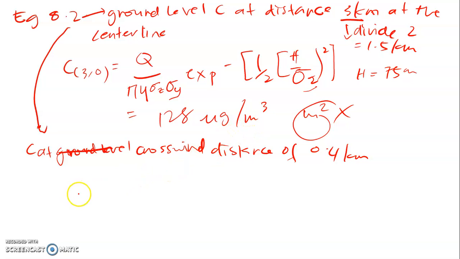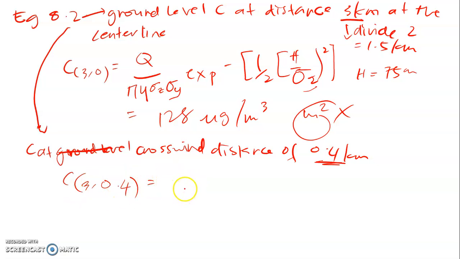Then the second part of example 8.2 is actually asking for a crosswind distance of 0.4 kilometers. It's not ground level, sorry, it's at 3 kilometers distance, but with y equal to 0.4. So that's why we put the coordinates like this.